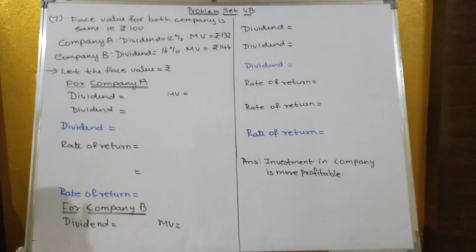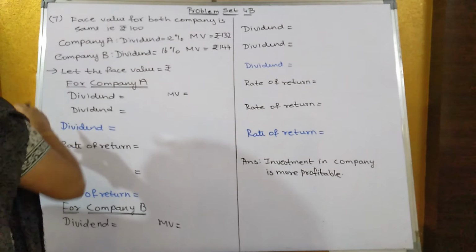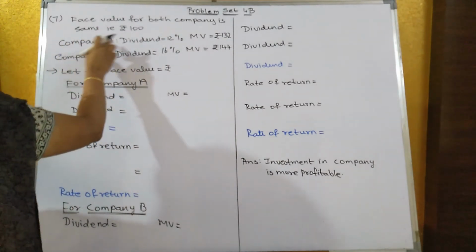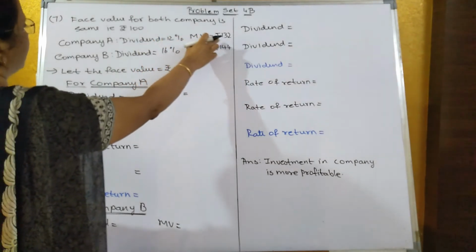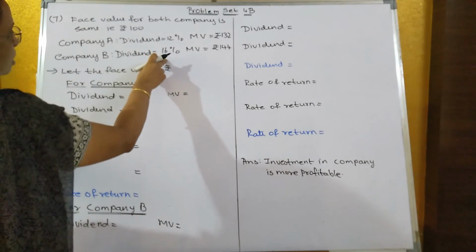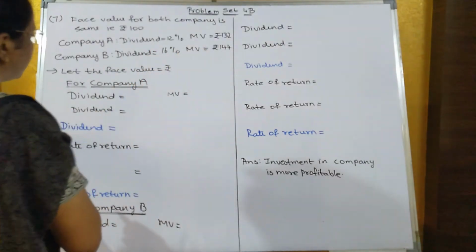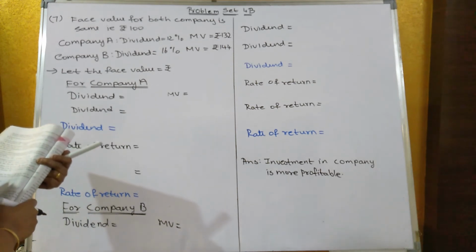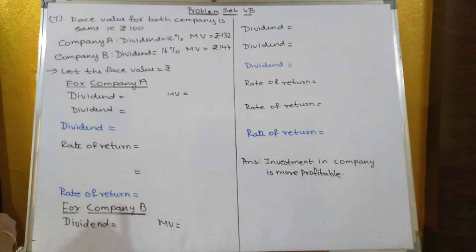Now sum number 7. They have given the face value of both companies, which is the same, rupees 100. Company A gets dividend 12% and market value is 132. Company B gets dividend 16% and market value is 144. We have to find out the investment in which company is more profitable.